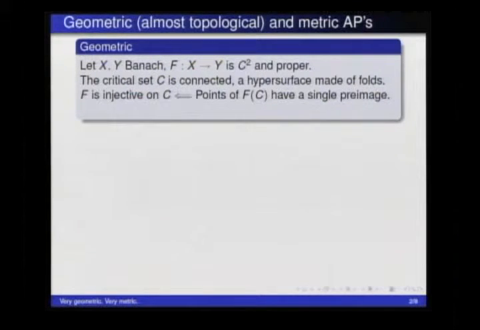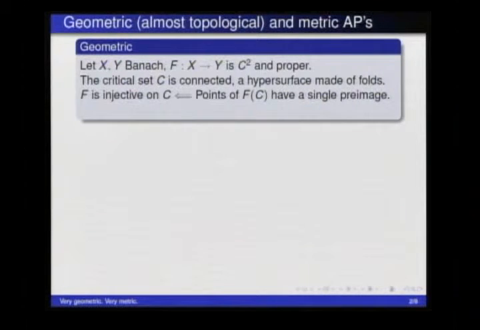The critical set is really just a hyperplane, a topological hyperplane. Now, this is the real catch. All critical points are really folds. You never see cusps, for example, in the Ambrosetti-Prodi situation. And this and properness guarantees that the function is injective on the critical set.